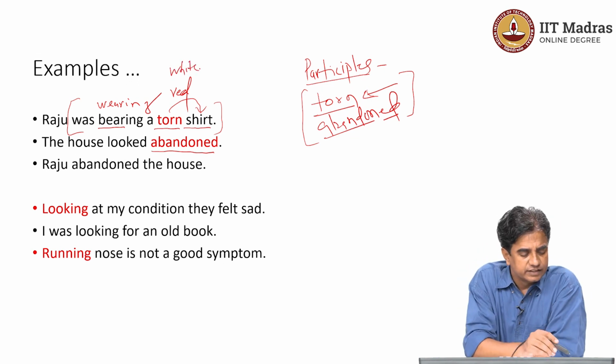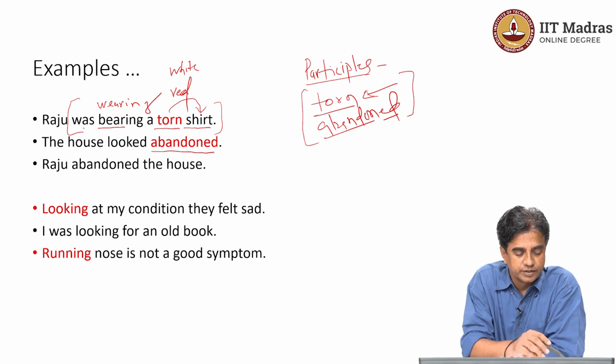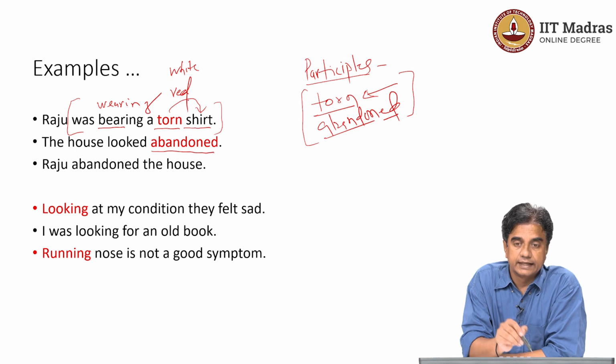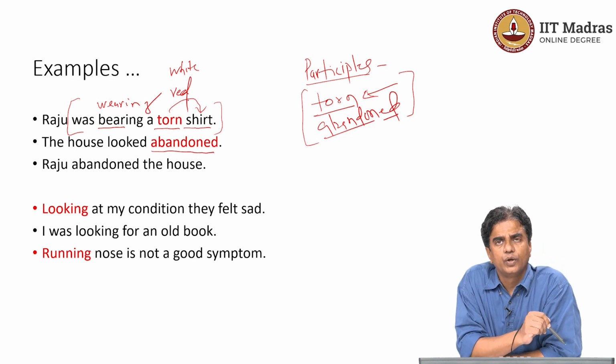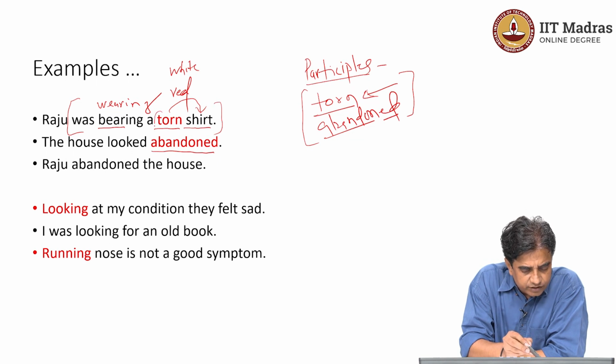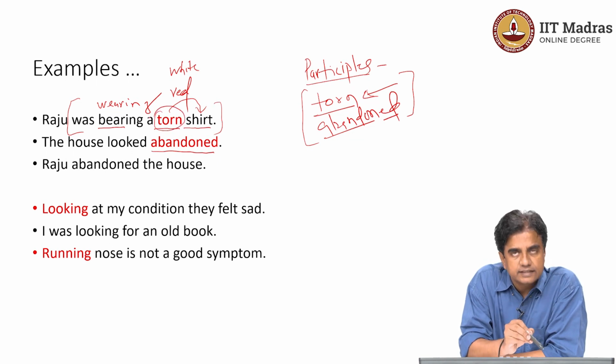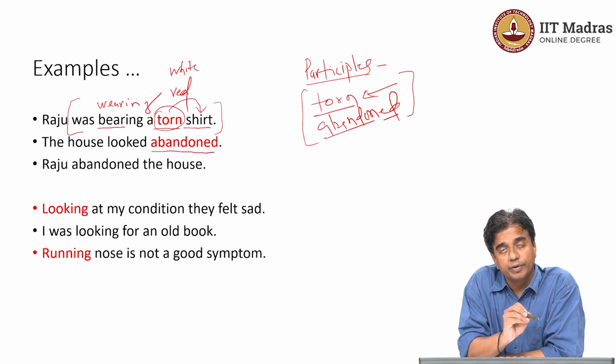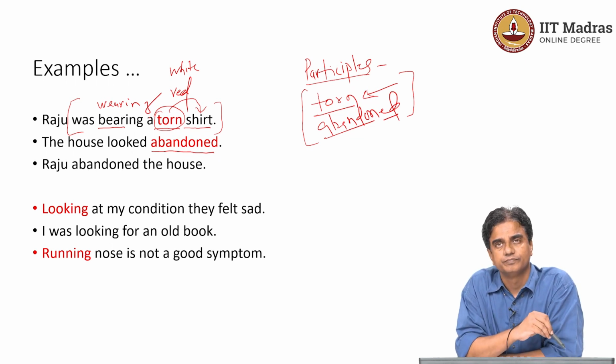So we can say Raju was wearing a white shirt. Raju was wearing a red shirt. We can say these things. So in a way, this word looks like a verb, but it has some adjectival function.